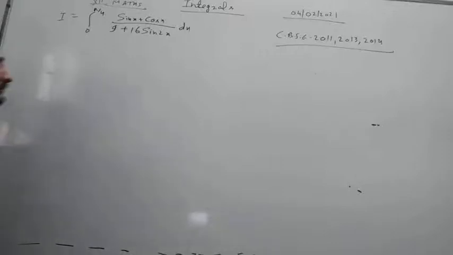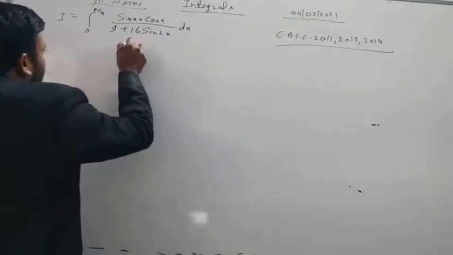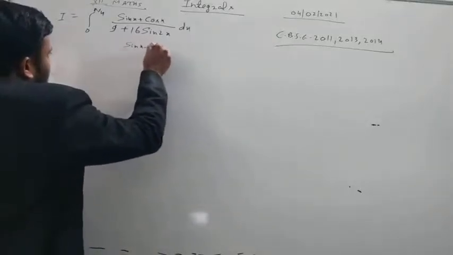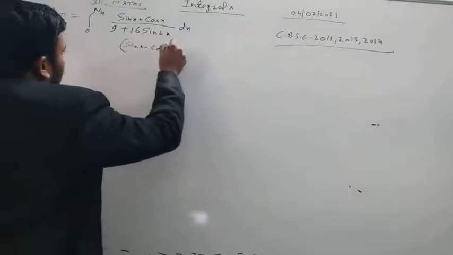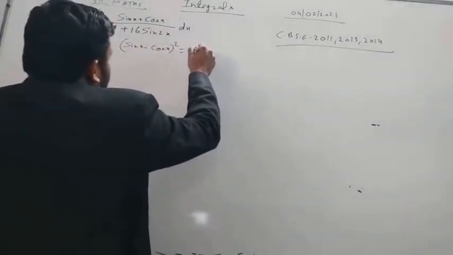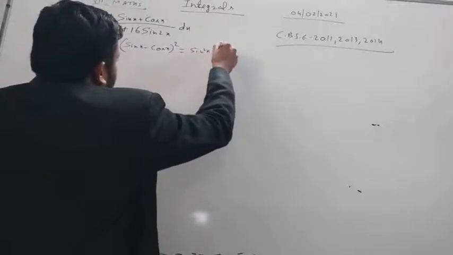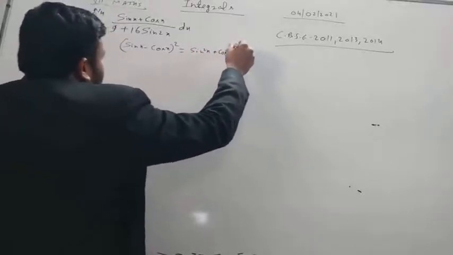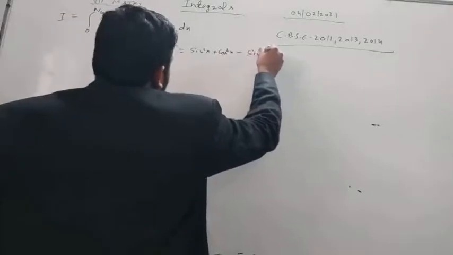Okay, so like this is sin 2x, and you know that sin 2x we can write, that sin x minus cos x whole square is 1 minus sin 2x. Either we can write sin square x plus cos square x minus sin 2x.